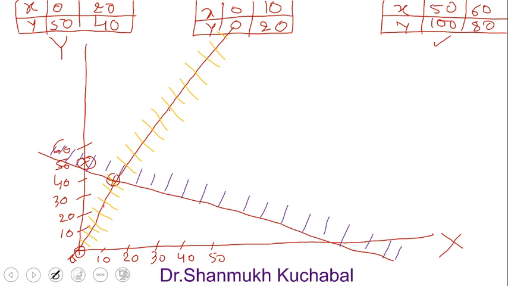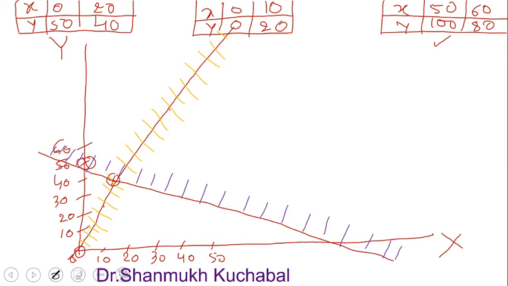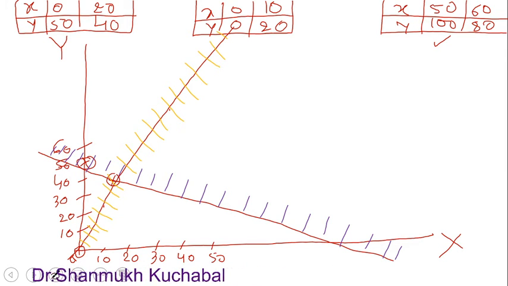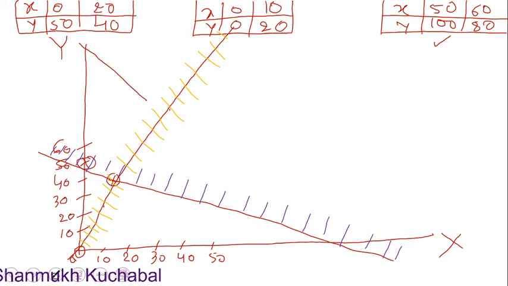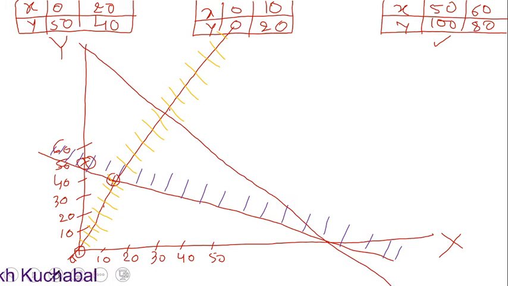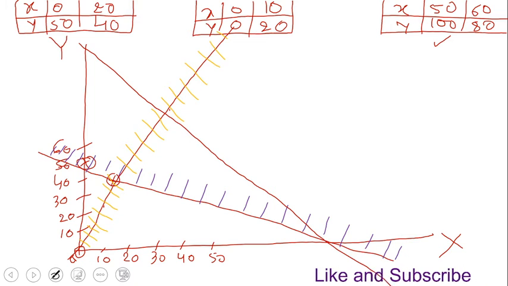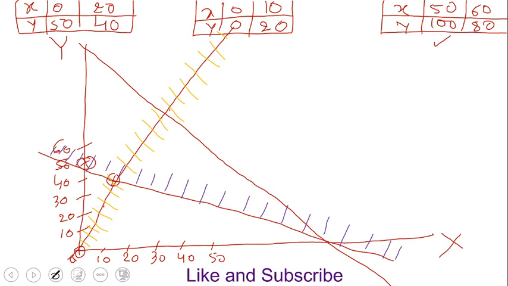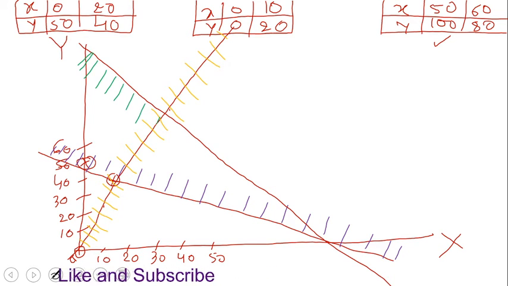Yes, so we have to construct a line. We'll get it in this way, and in this third equation we observe that it is true towards the origin. So we'll shade it towards the origin, in this way.